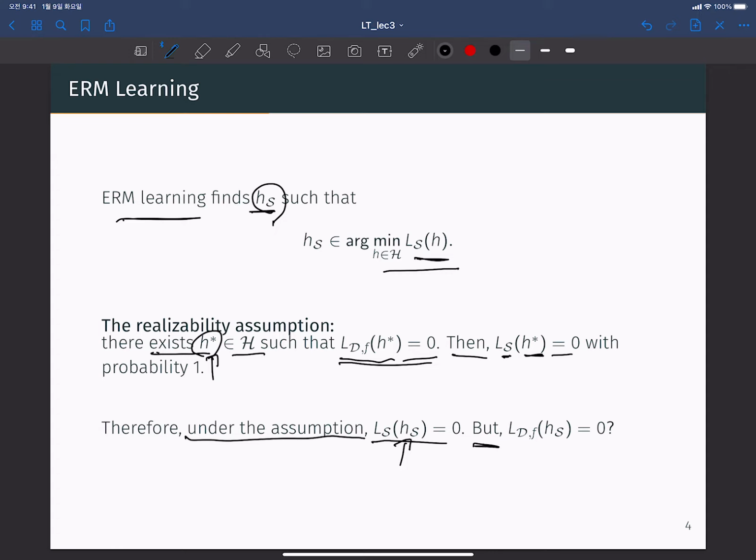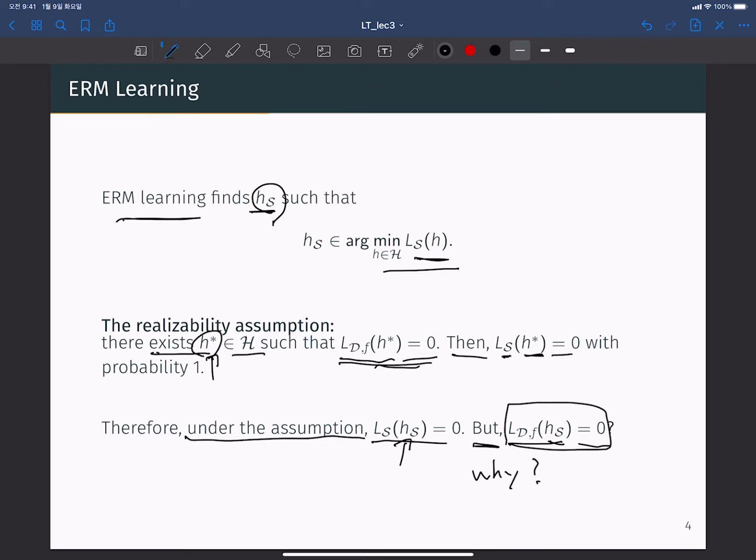Although H star belongs to your hypothesis class and makes the test error equal to 0, and H star also makes the sample error, the training error, equal to 0, the ERM learning rule cannot guarantee the test error of hS is also equal to 0. We cannot guarantee this. Why?